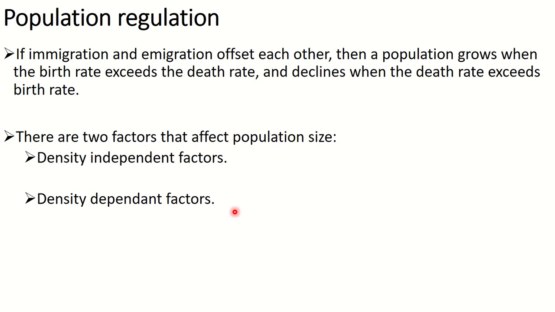Okay, remember emigration is the moving out of organisms from a population, and immigration is the movement back into a population from other populations.